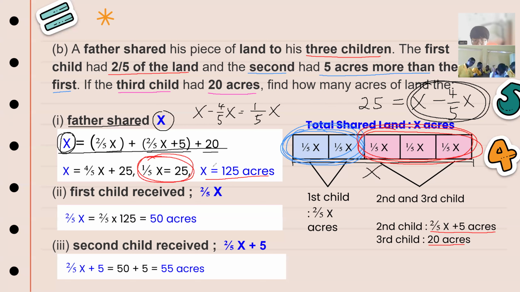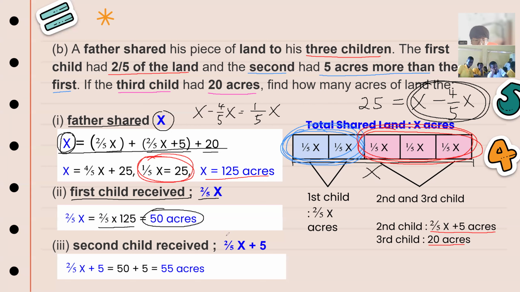And the rest is simple. The rest is just plugging in x. The first child received 2 over 5 times x amount of land, so we multiply 2 over 5 times x, which was 125. That equals 50 acres.